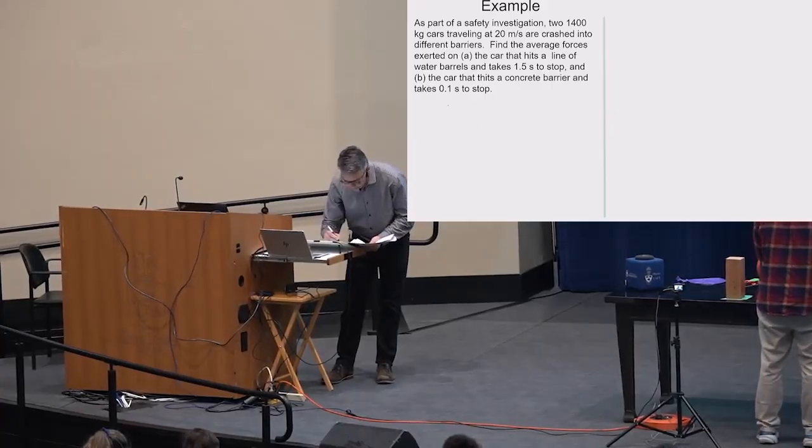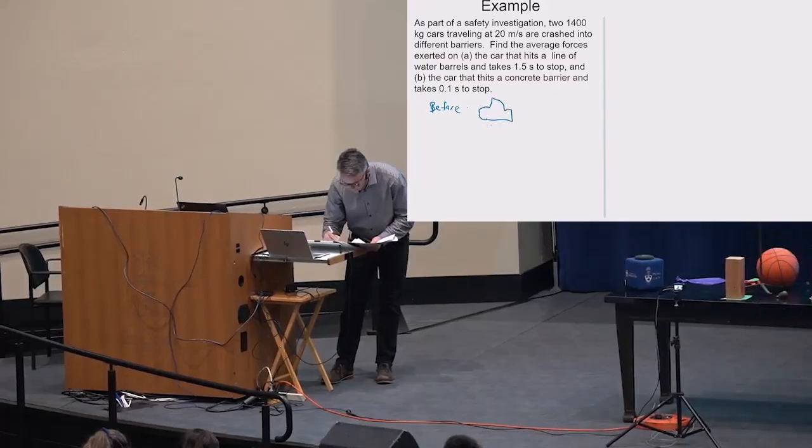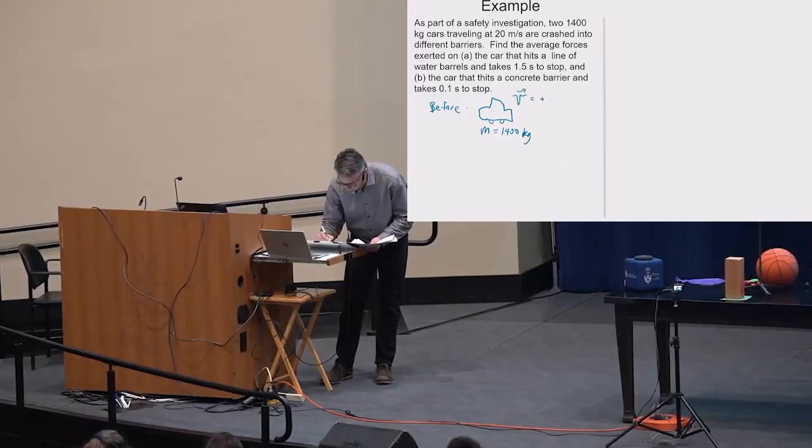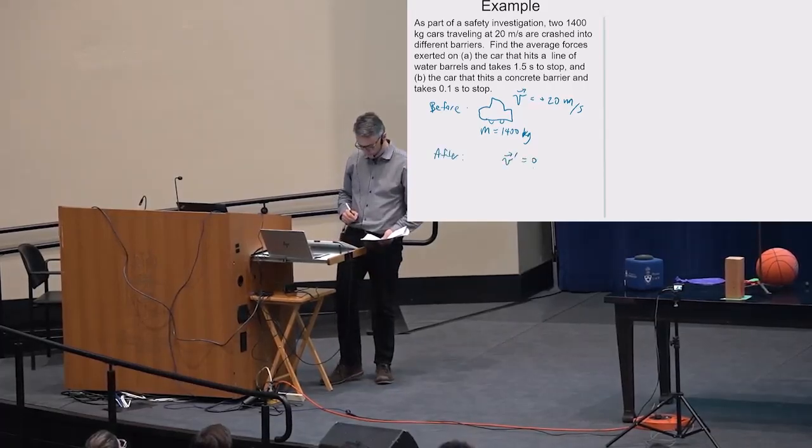Basically, you've got before, which is here's your car, M is equal to 1,400 kilograms, and V is equal to plus 20 meters per second. And then after, you've got V prime is equal to 0. It stops.